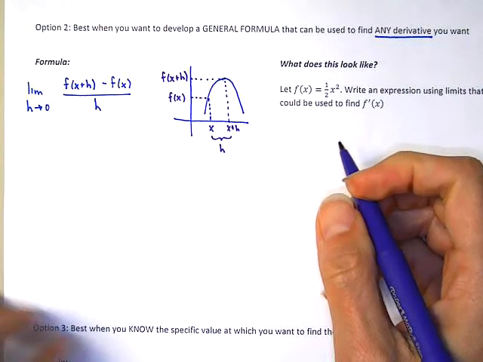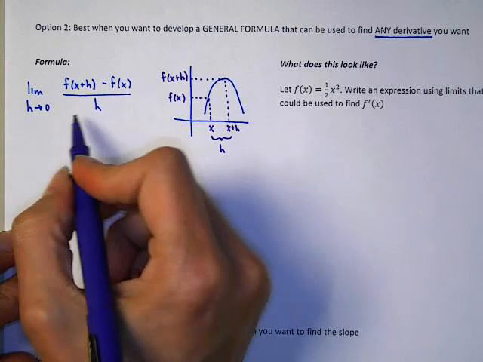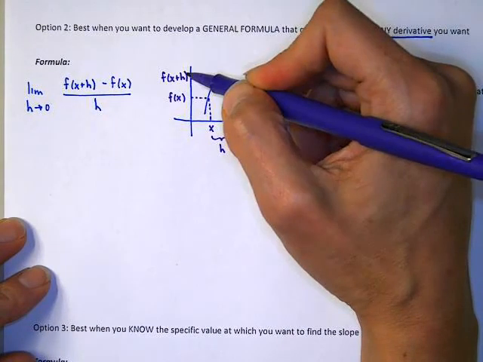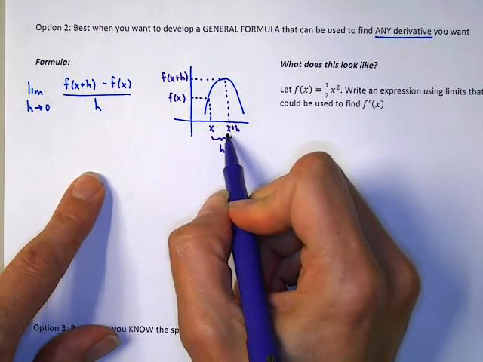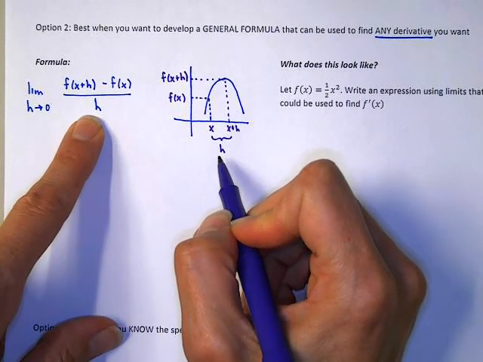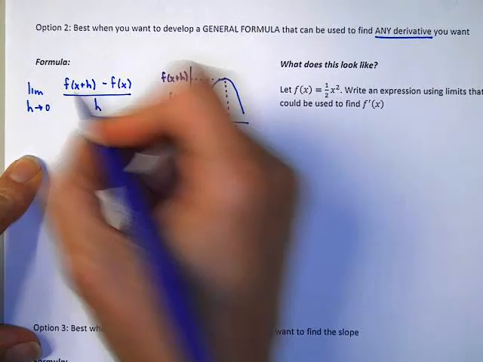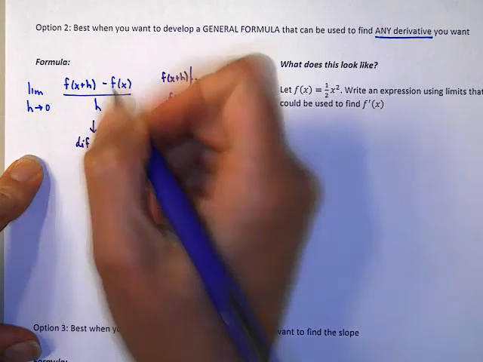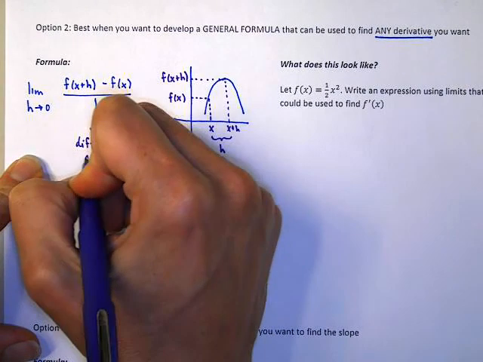So even though it doesn't look like it, this is still the slope of that secant line. I have my y values, f of x plus h minus f of x. On the bottom I have x plus h minus x, which is just h. So that's the slope formula in disguise, what you've probably seen in pre-calc, what we call the difference quotient.